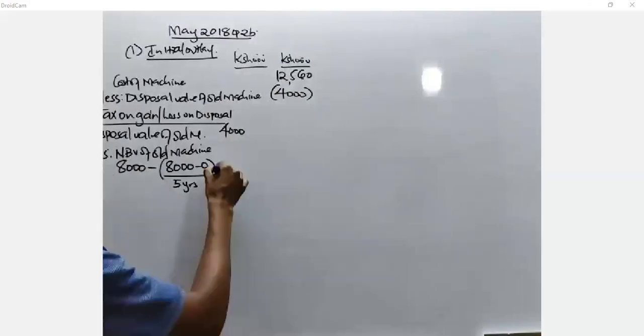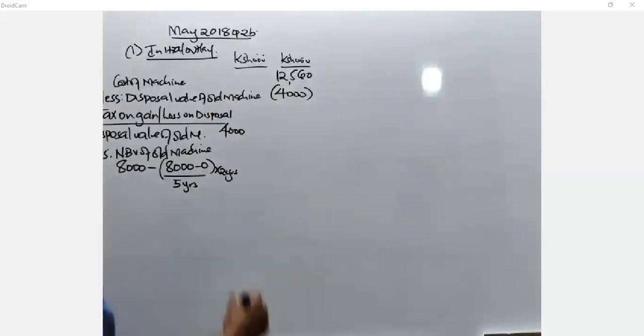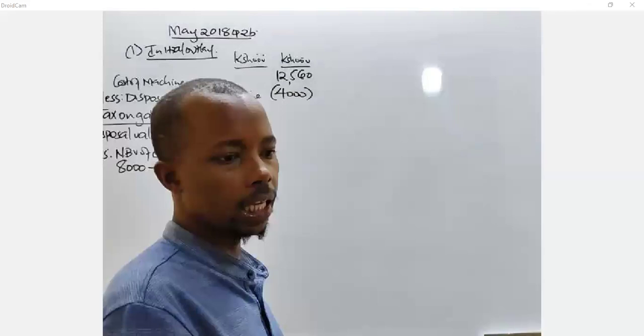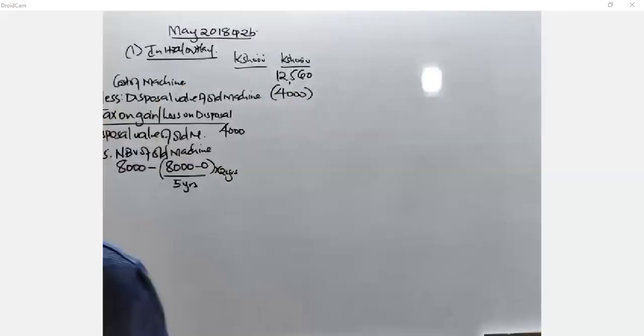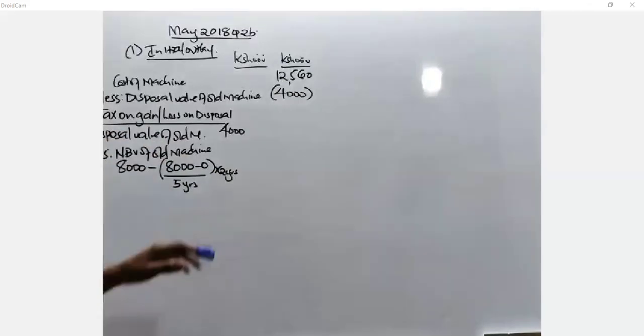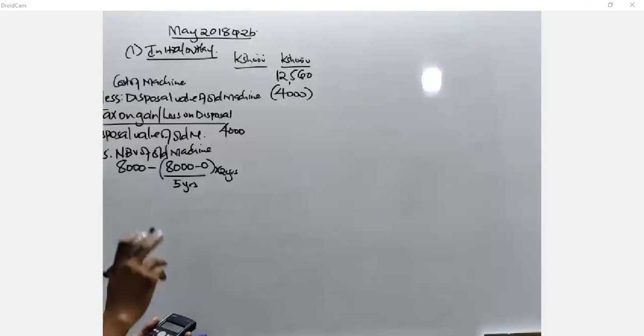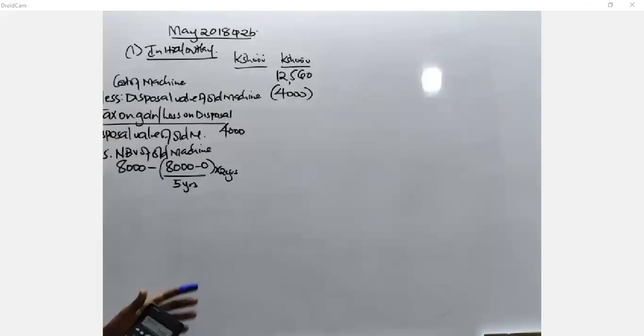Then you multiply by the number of years the machine has been in use, which is 2 years, since it was acquired 2 years ago. That gives 3,200. So 8,000 minus 3,200, we get 4,800.